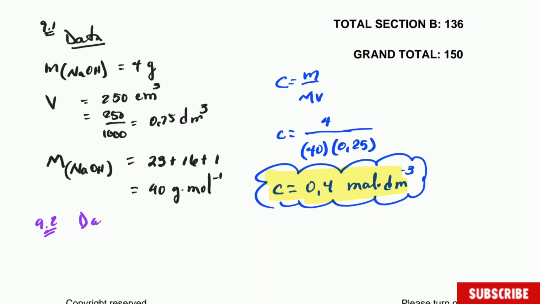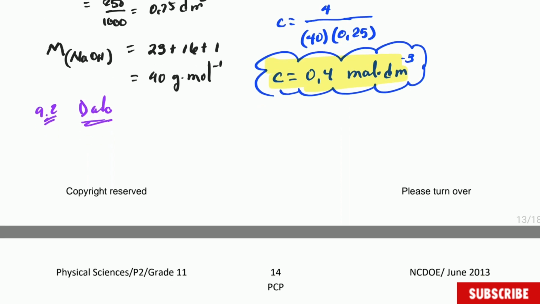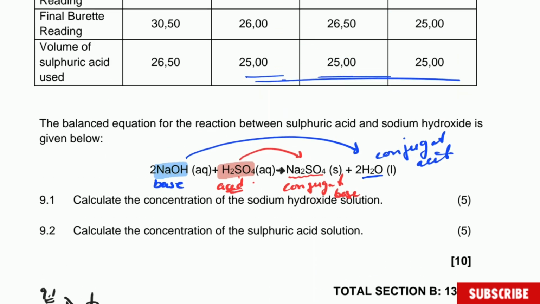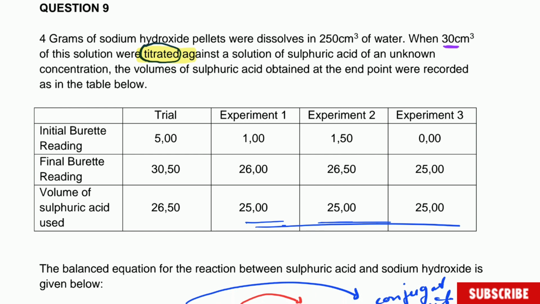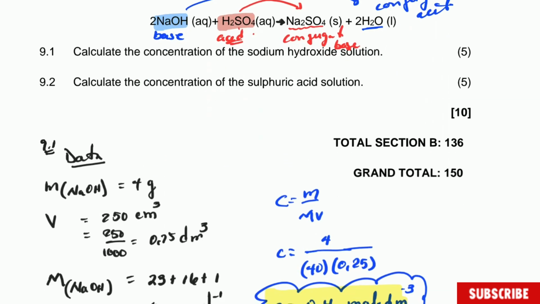So let's write the data real fast. In this space, I think there is enough space for us to answer. First of all, the concentration of the base, I'm going to write Cb is equal to 0.4 mole per cubic decimeter. The volume of the base that was used, go back to the question, they say they use 30 cubic centimeters of the base in this case.